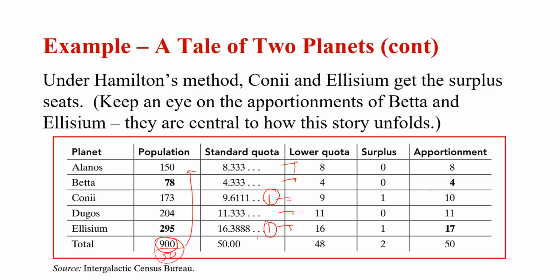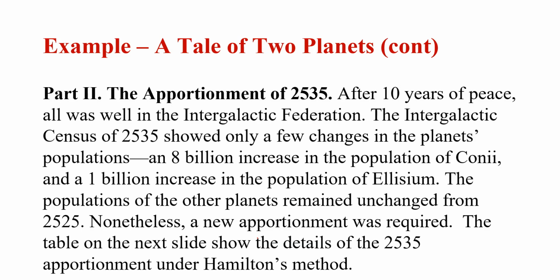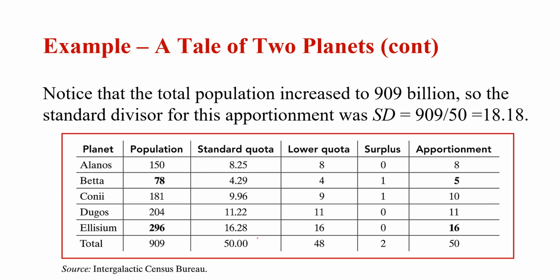All right, and this is population in billions, right? So now let's see what happens here. 10 years of peace. We've got a little higher population. Now we increased it by 9 billion. So 909 divided by 50, which is right over here. Now our divisor is 18.18.